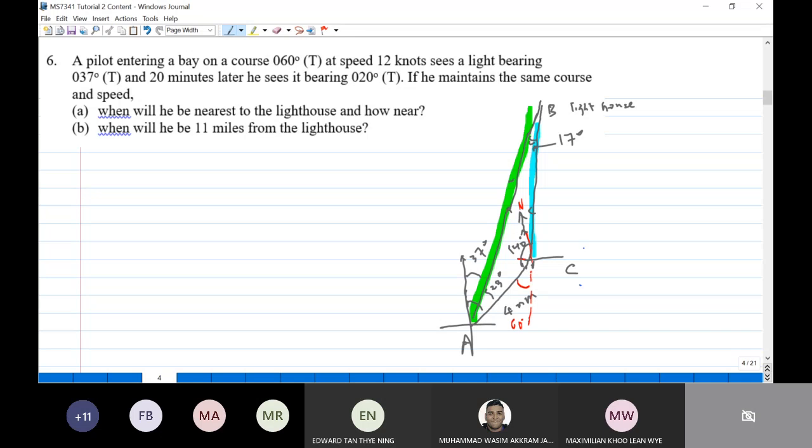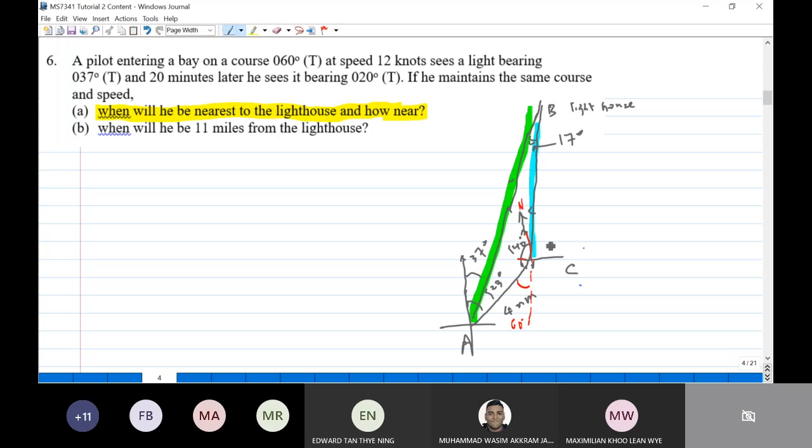Okay, so what do I need now? So the question is when will the nearest point to the lighthouse be, and how near? This is a difficult question because they didn't ask you directly and there are so many things you still don't know. All right, so when does it happen to get nearest?